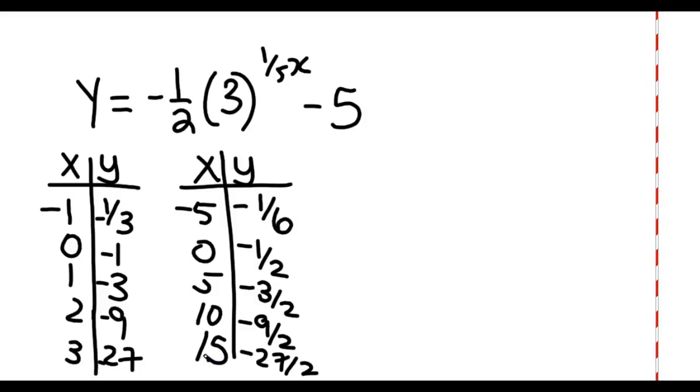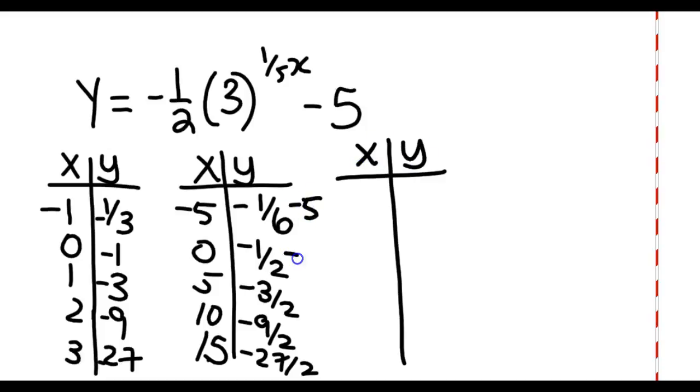Okay, and then our last thing is subtracting by 5. That means all our y's are going down by 5. So if we would have had it as decimals, it's probably easier. I have the table written out, but if you wanted to switch yours to decimals, that's fine. So all we're doing is subtracting each of these by 5. Okay, so our new points are, nothing happened to our x's this time.